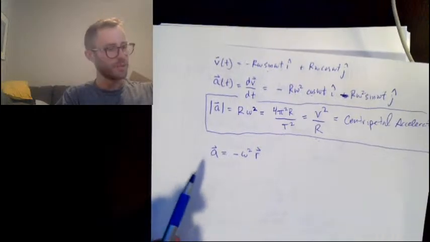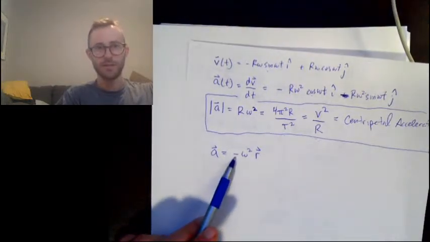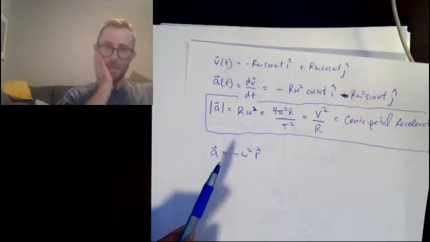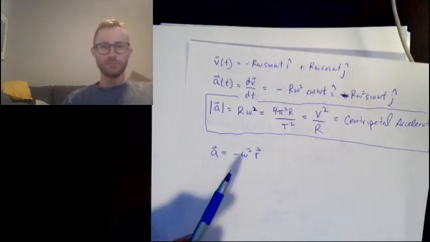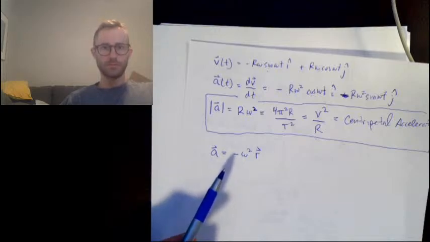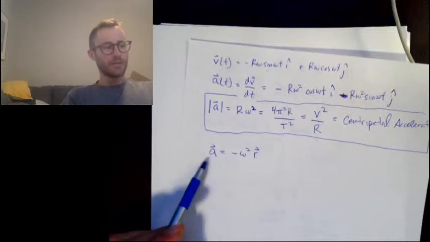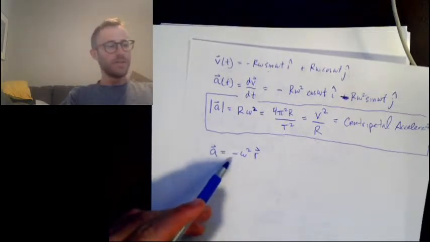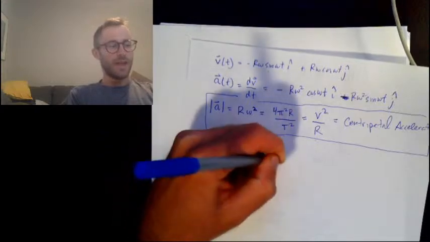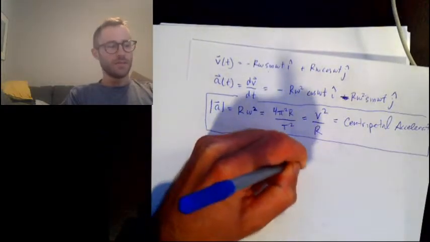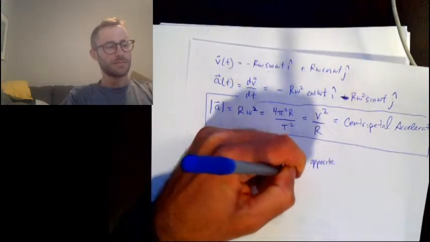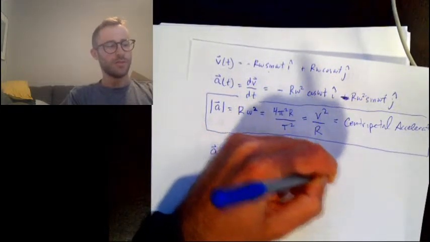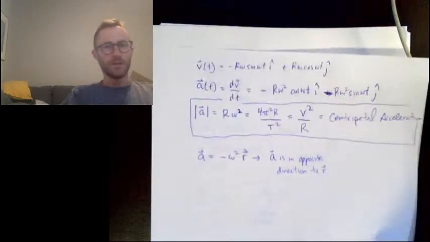Can you remind me, what does it mean if we take a vector and multiply it by negative 1? Right, it's in the opposite direction. So this means that A is in the opposite direction to R.